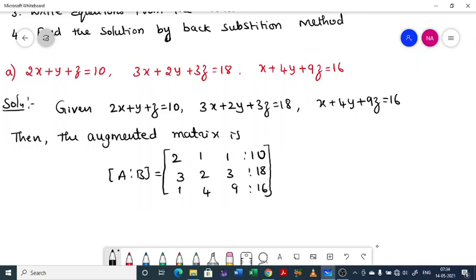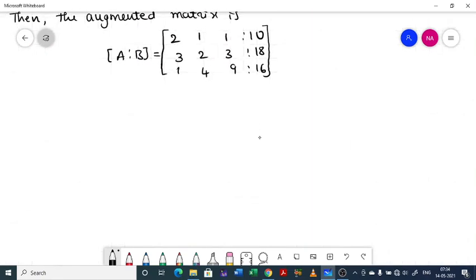This is the augmented matrix of the given system of equations. Now we have to make these 3 entries 0. To make these 2 entries 0, you have to use this one, and to make this 0, you have to use this entry. Now to make 3 and 1, you have to reduce these 2 entries to 0.